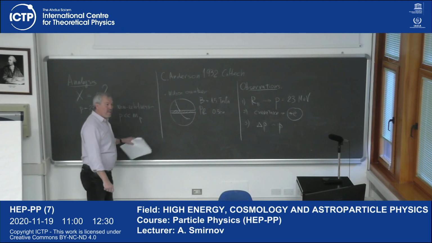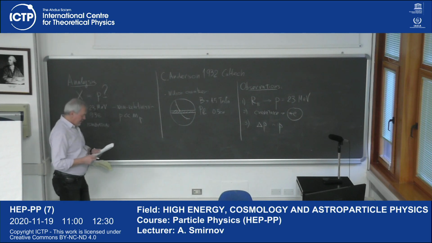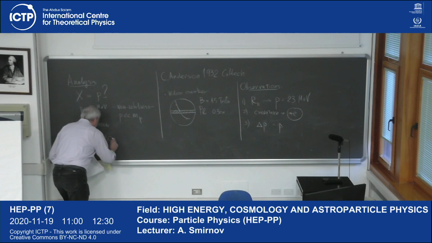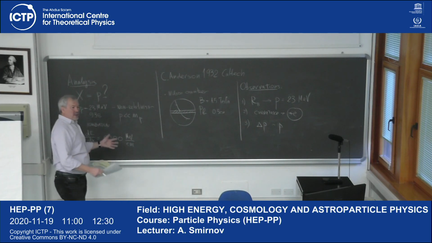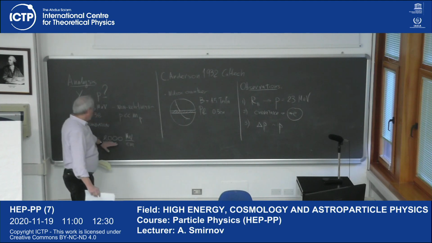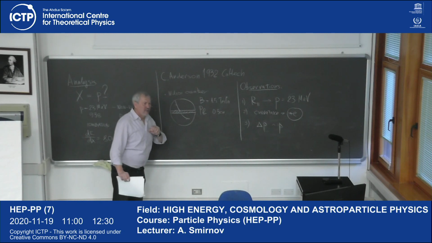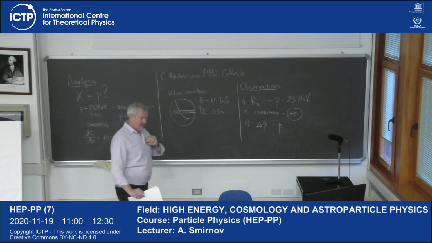And a proton with this momentum loses energy by ionization, as we studied. And dE/dx would be, I can find, 8,000 MeV per centimeter. This is excluded, because a proton with this huge energy loss would not be able to cross a 0.5 centimeter layer. Clear?